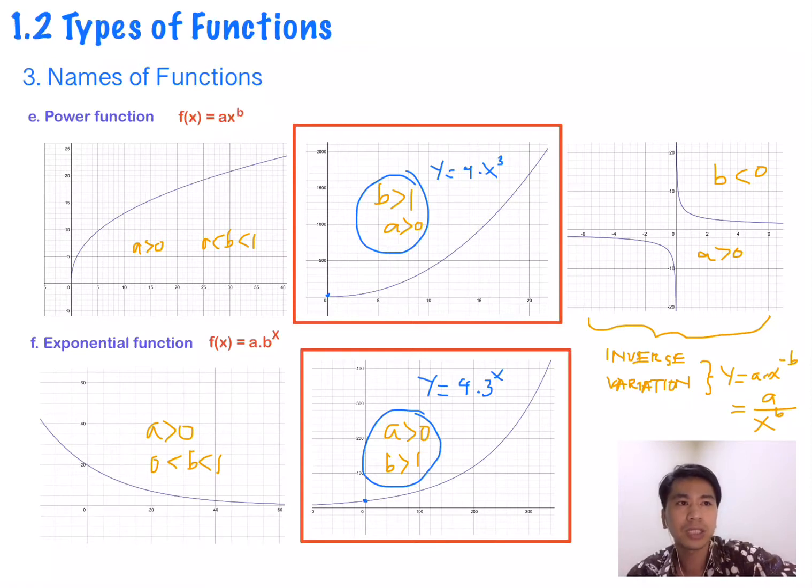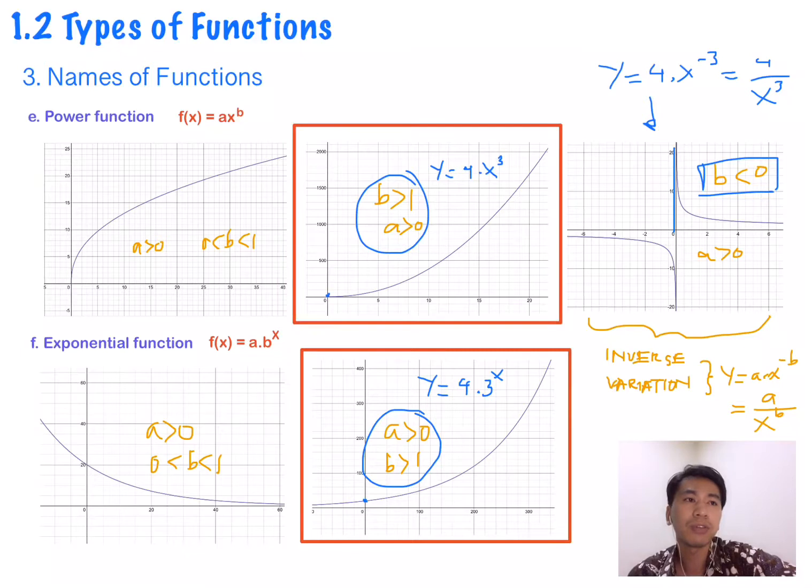You can set the example on the other graph also, such as this one. If you put y equal to 4 times x to the power of negative 3, since you have b less than 0, then the equation will be 4 over x to the power of 3, which means that when x is equal to 0, y is undefined, because 4 divided by 0 is undefined.